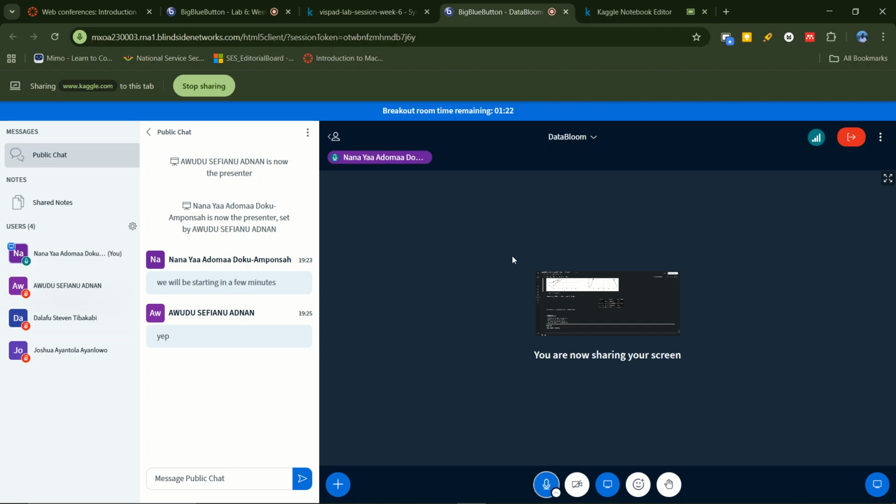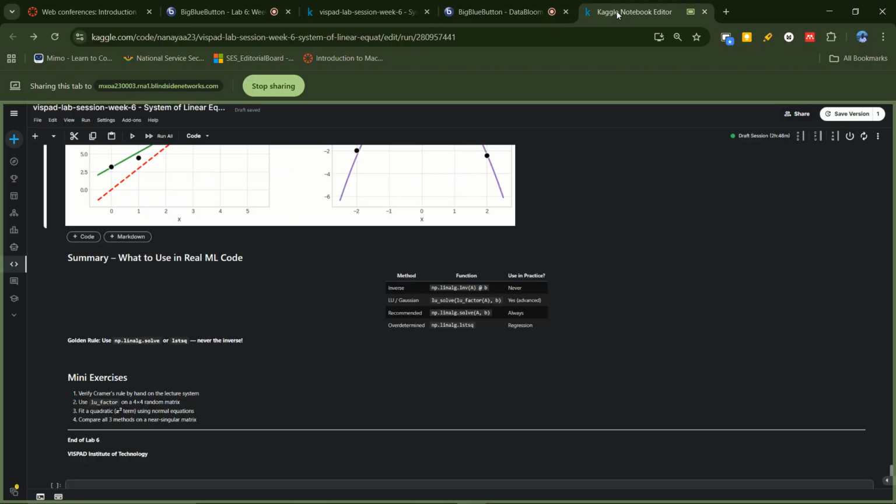Some way somehow you get an error, but you have to make sure your error is not so huge as to affect your predictions. And you realize that when we did the matrix inverse, we were getting an error bigger than the other options we used.